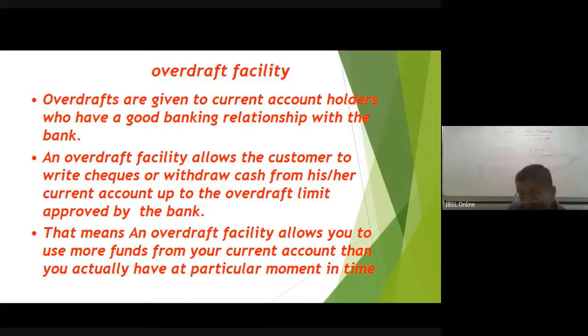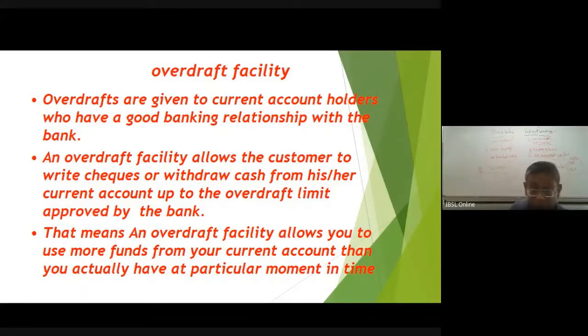The moment you provide security, the interest rate may be less. If you do not have security, usually the interest rate is higher. That is what we call unsecured, or clean basis. Usually you need to pay a higher interest rate.